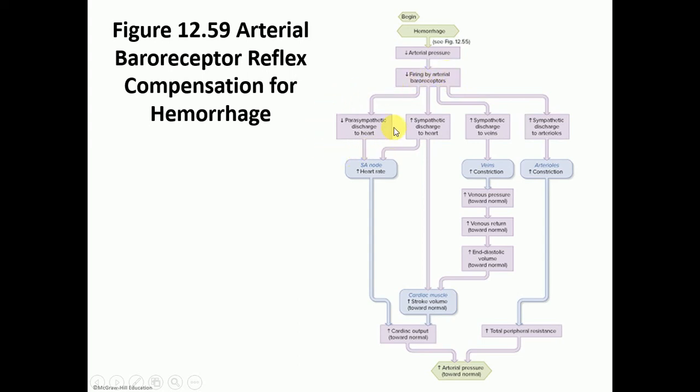So we will inhibit the parasympathetic, but stimulate the sympathetic impulses to the heart. Both of those together are going to stimulate your heart rate. Also, we are going to increase the sympathetic impulses to the veins and to the arteries. When we increase the sympathetic impulses to the veins, that means we're increasing your venous return, which we already know translates into a better cardiac output.